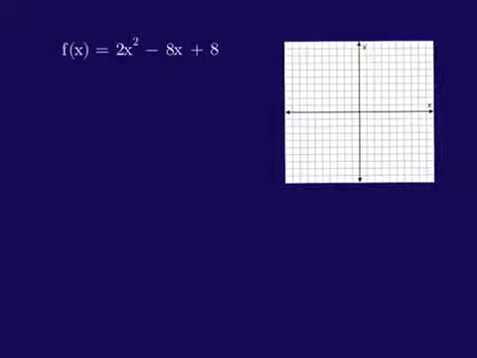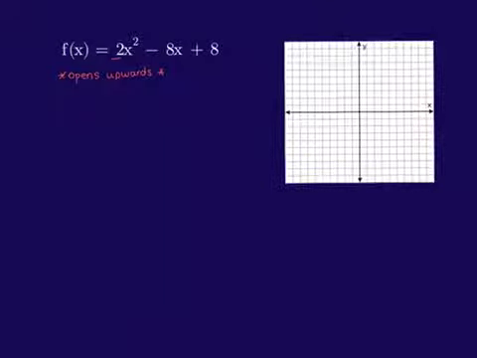So let's walk through all the steps. First of all, we notice that the coefficient, the leading coefficient, is a positive 2. So we know that means our parabola is going to open upward. So if we somehow get a parabola that's not opening upwards, then we know we did something wrong.